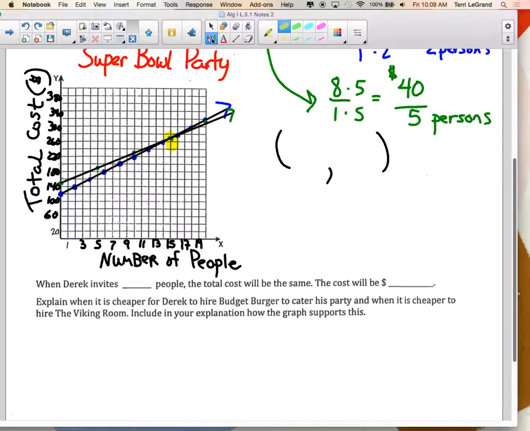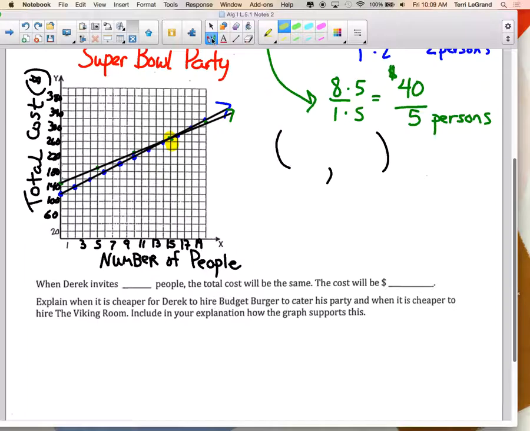And if I hire Viking Room, they charge $150 up front, but only $8 per person, and 8 times 15 people would be $120, and $120 plus $150 is? Yeah, Devin has the right answer.